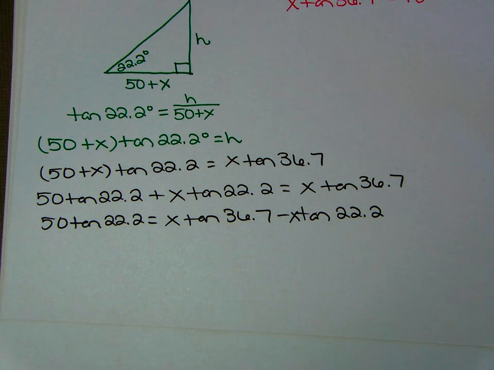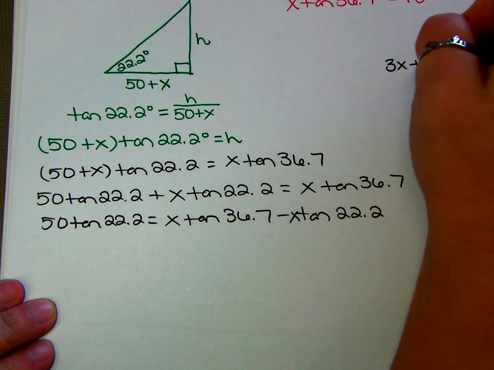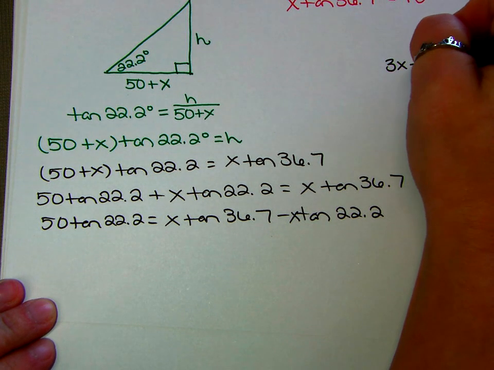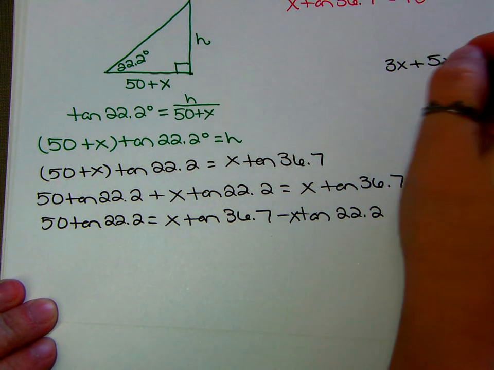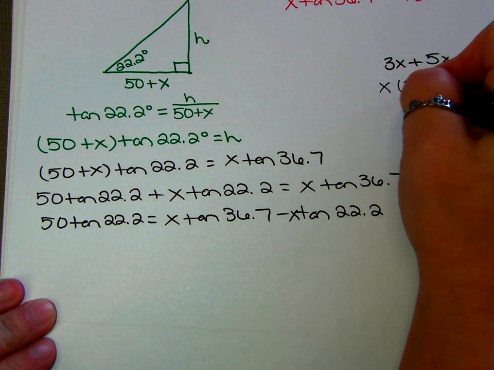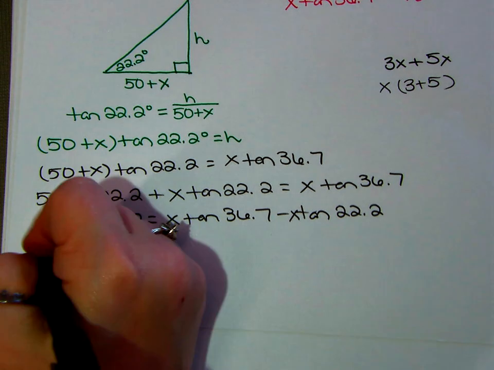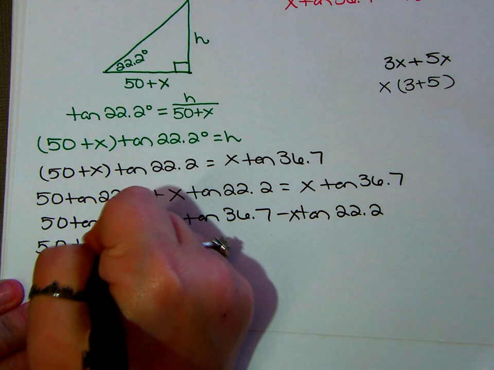If I had 3x minus 5x, I could add those together, right? Or I could also think about factoring out that x, which is what I need to do here because what's inside my tangents are not the same. So I'm going to factor the x out so that I can divide in just a minute.